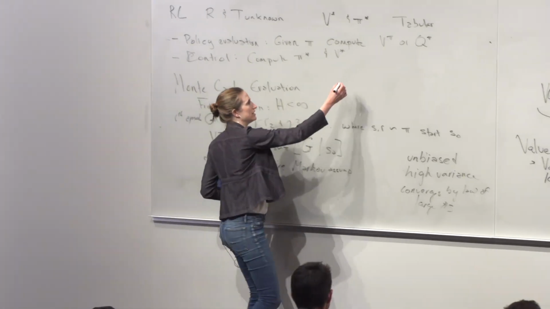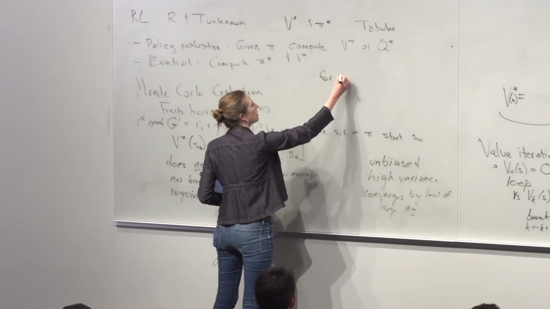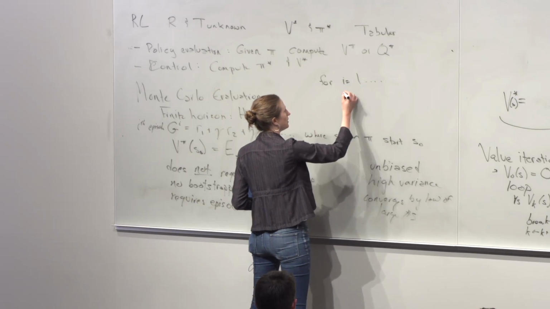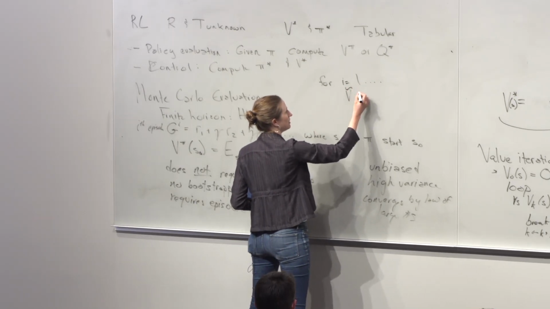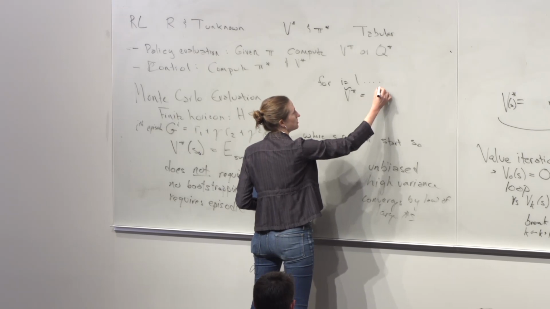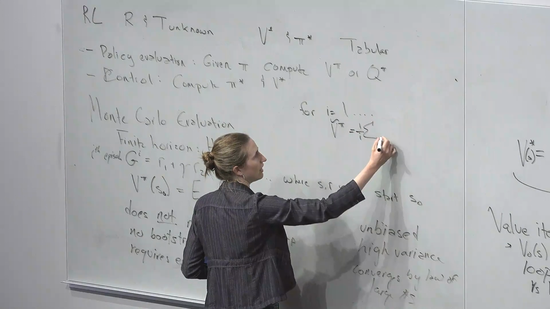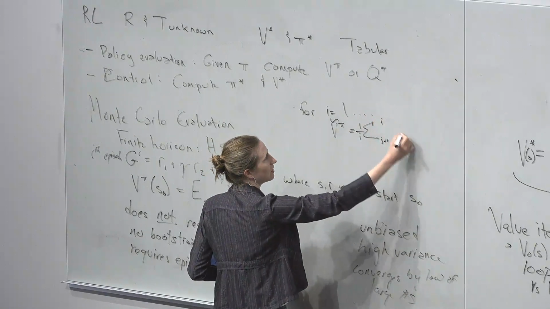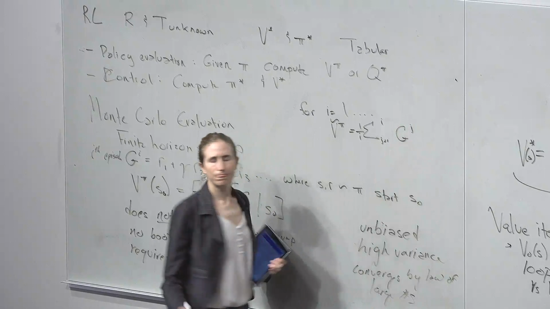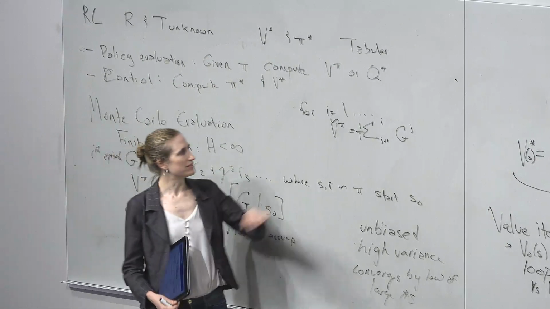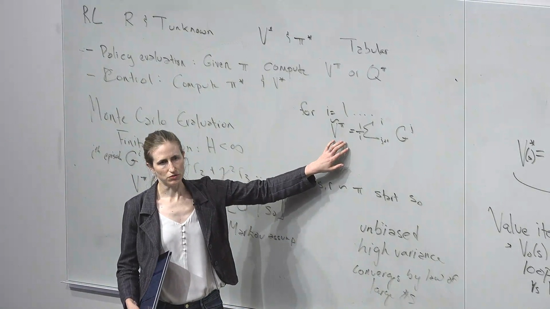For i equals 1, ..., we can have V approximate of pi, which is just equal to an average over j equals 1 to i of G_j. So it's an average over all the episodes we've seen so far and their returns. And you could be updating this over time. In this case, this would give us an estimator that asymptotically will converge to the true value.